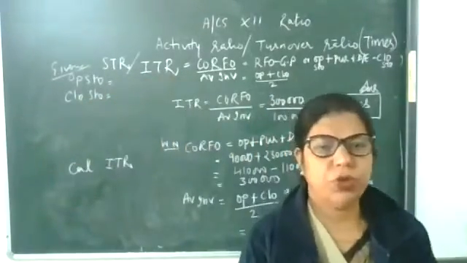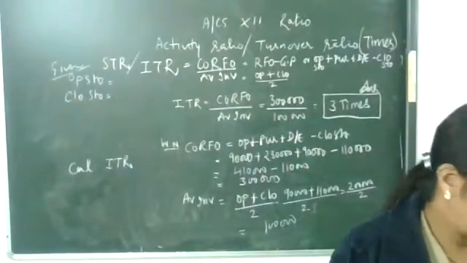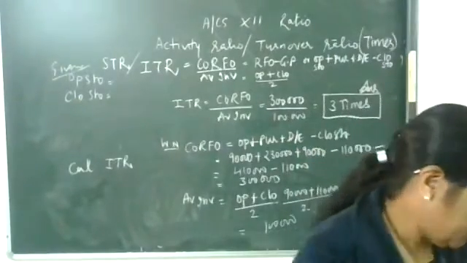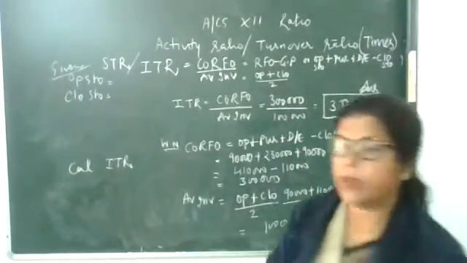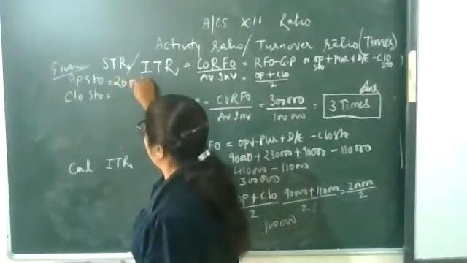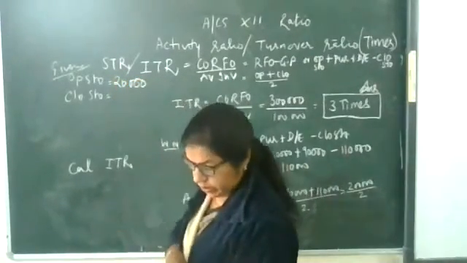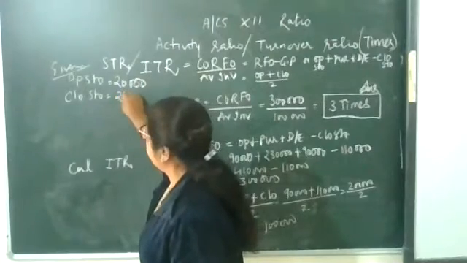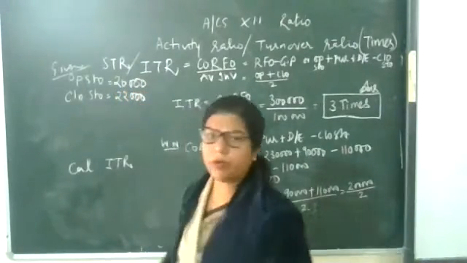If you want to note down, you can, it will be beneficial for you. See, opening inventory 20,000, closing inventory 22,000. Note down the question.